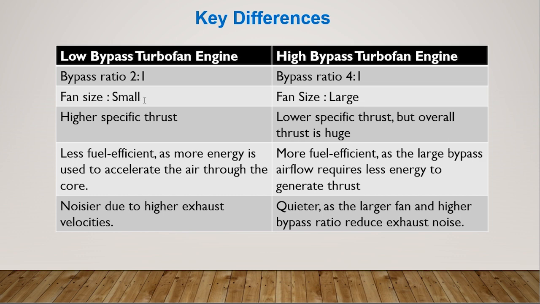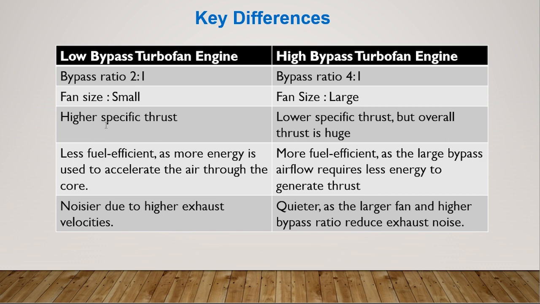The fan size will be smaller since the bypass path is less, so it is smaller compared to the high bypass turbofan engine fan. Here the fan is larger, with high specific thrust, that is, high thrust per unit area.